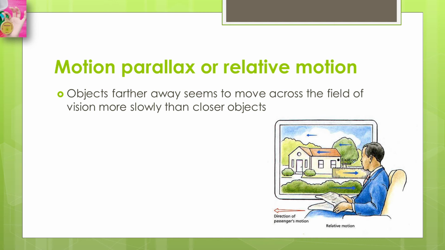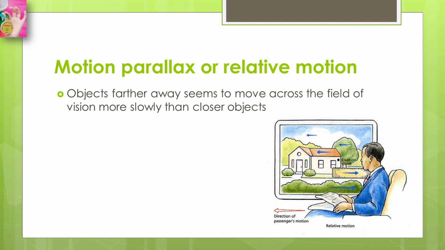When riding on a commuter train, for example, houses and parked cars along the tracks seem to whiz by, while the distant downtown skyline seems to move very slowly. Now, motion parallax: when we travel in a vehicle, objects far away appear to move in the same direction as the observer, whereas close objects move in the opposite direction.